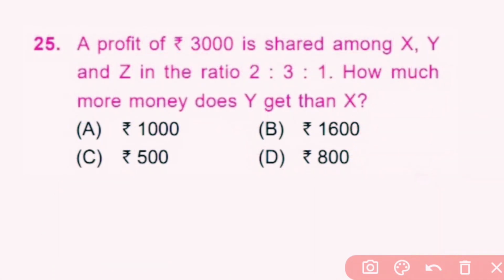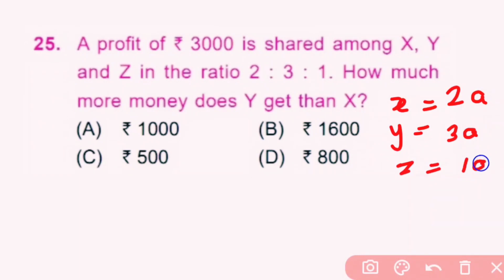Question number 25. Profit of rupees 3000 is shared amongst X, Y and Z in the ratio 2:3:1. How much more money does Y get than X? So here X profit we consider as 2A, Y profit is 3A and Z profit is 1A, and their total profit is 3000.